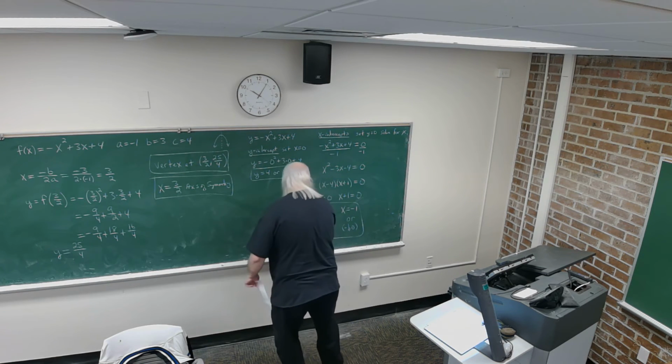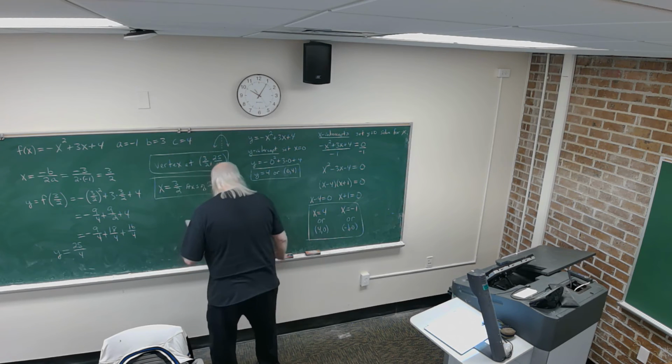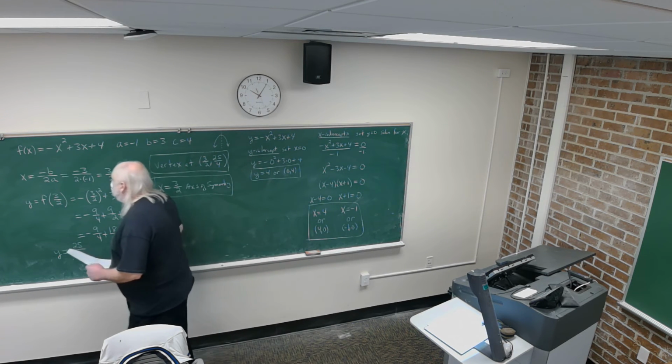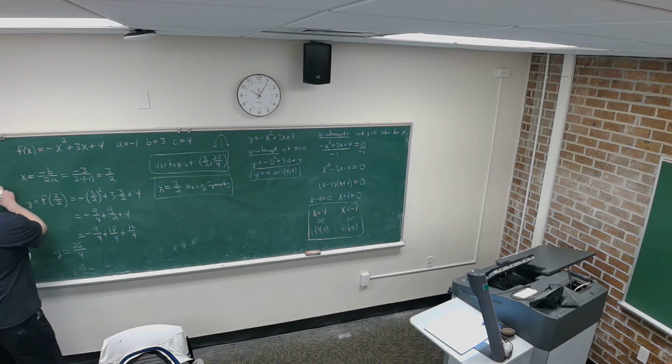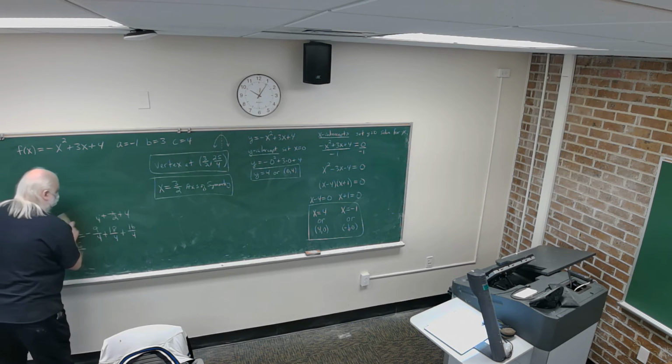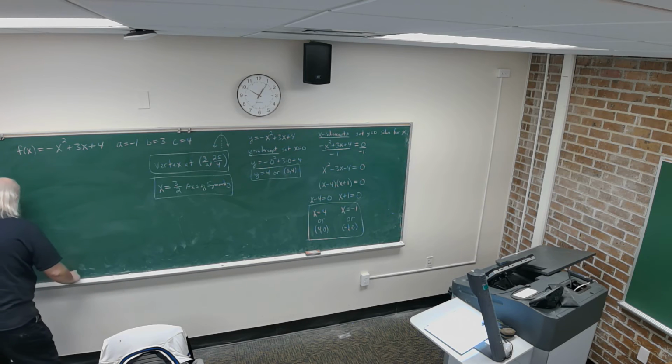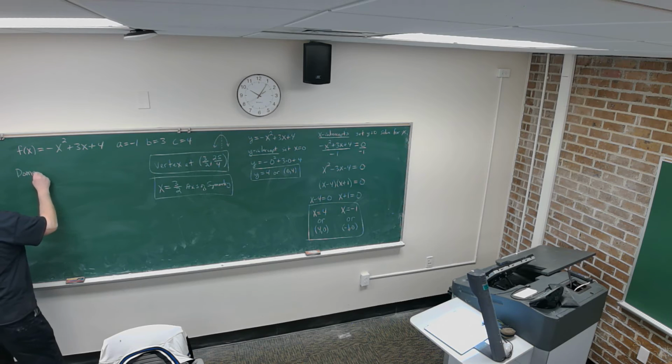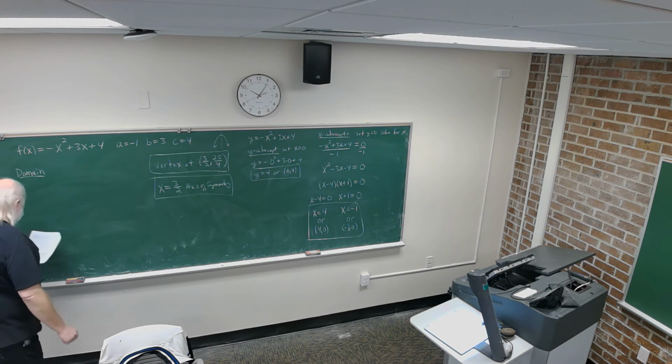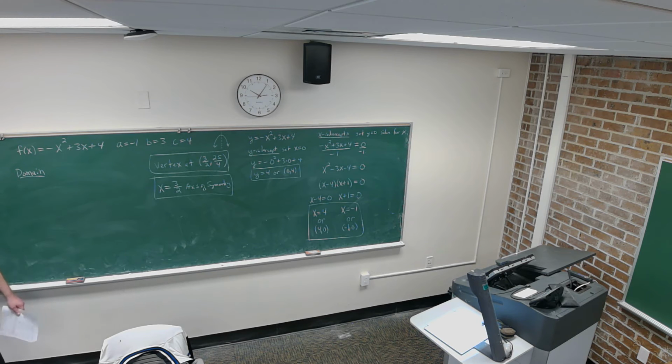All right, so now we have the location of the x-intercepts. What's the domain of our quadratic function? All real numbers, right? Quadratic functions are actually a type of polynomial, degree 2. And the domain of all polynomials is all real numbers.